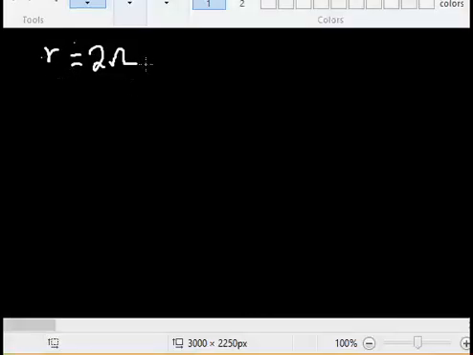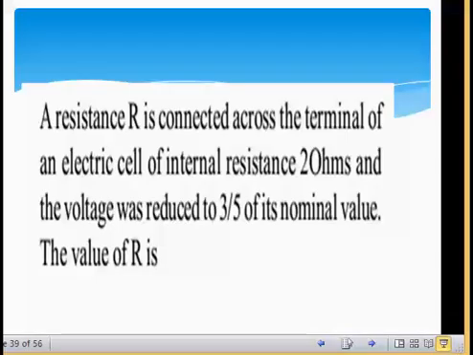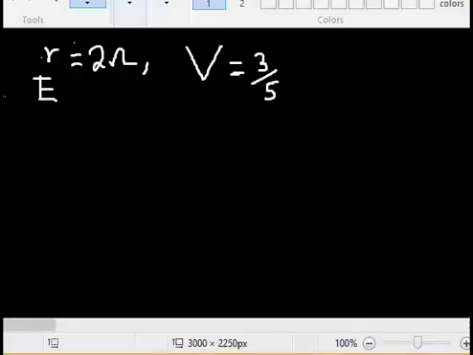By connecting this resistance to the EMF, the voltage that was supplied was reduced to 3 all over 5 of its nominal voltage. So the question is the value of R. Now don't forget the formula.